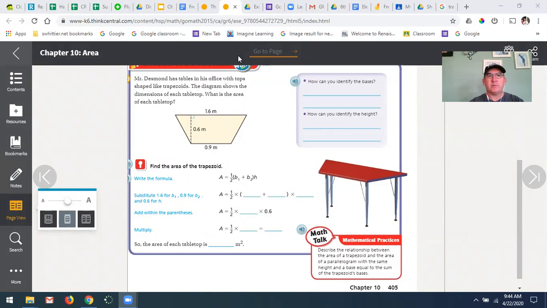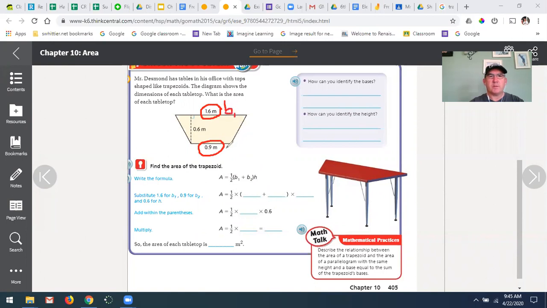So I know that here's base 1. Here is base 2.